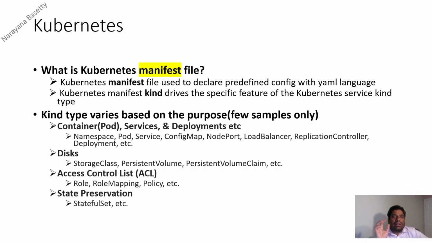We cannot host it in the default namespace. We are supposed to create one specific namespace. In that namespace, we will host all 5 microservices so that it is easy to manage and maintain the life cycle of your pods, services, whatever it is. That's the reason namespace is used.